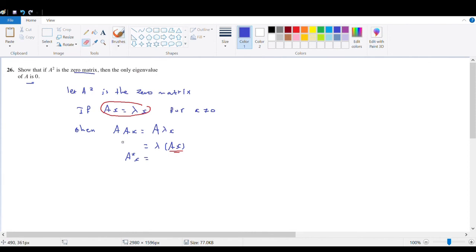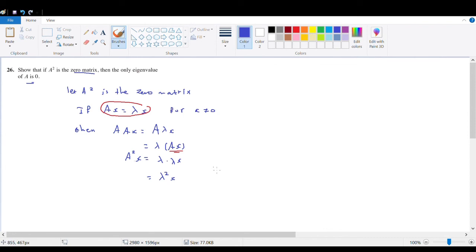A multiplied by A will be A square, times x. On the right, lambda multiplied by Ax, and Ax is just lambda x, so lambda multiplied by lambda x, that means lambda square x.